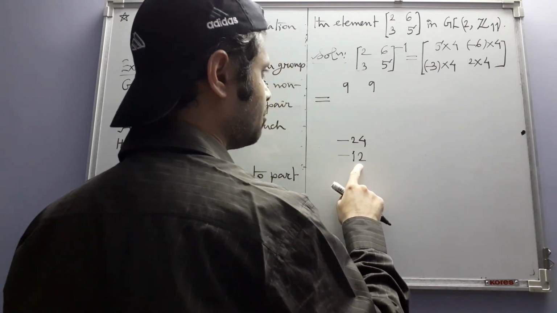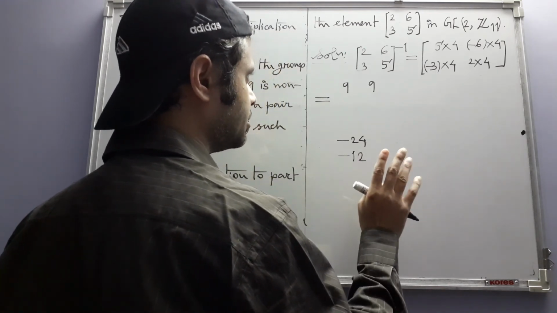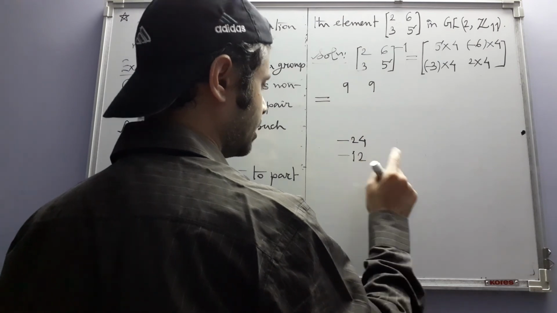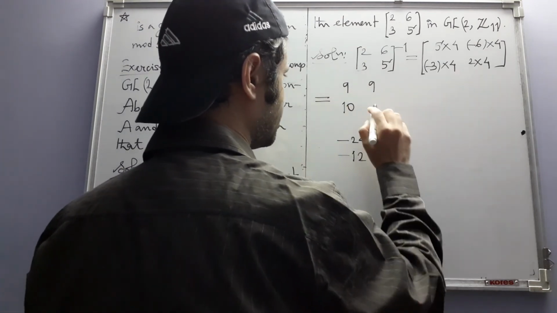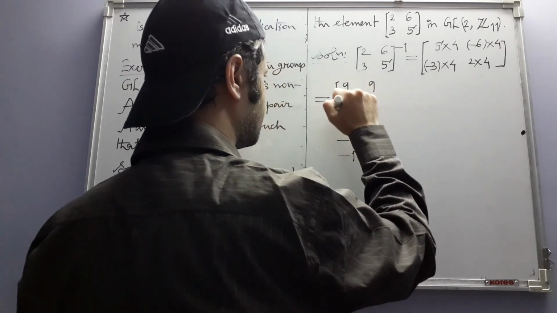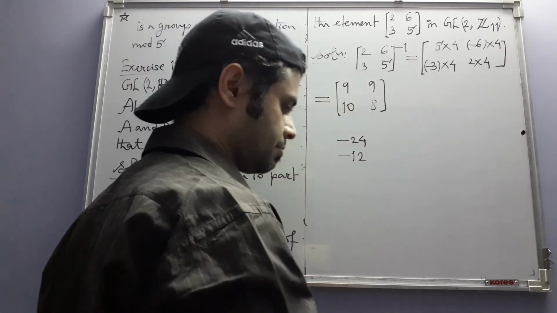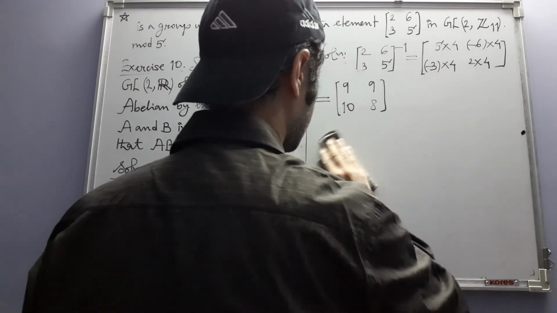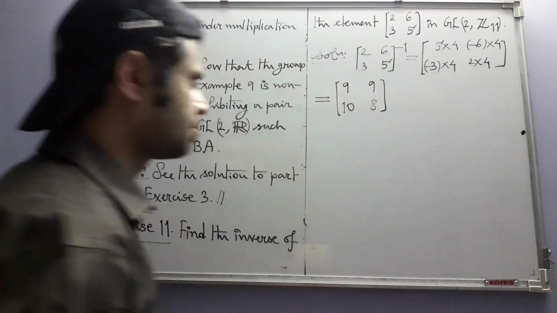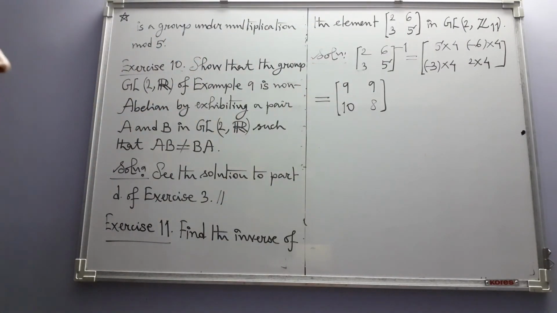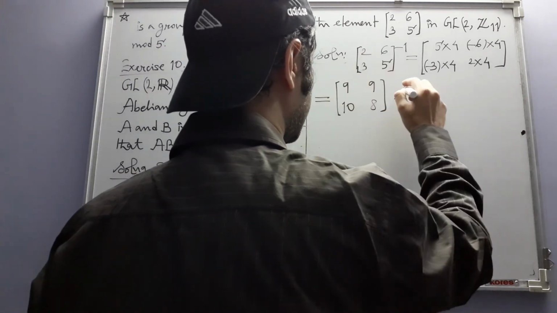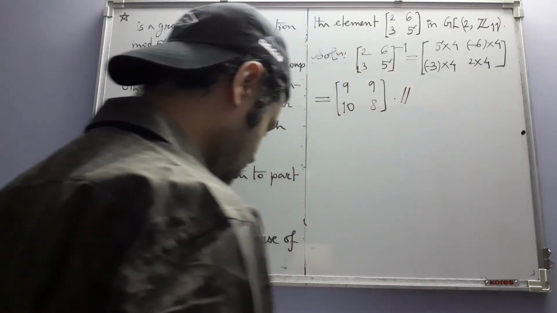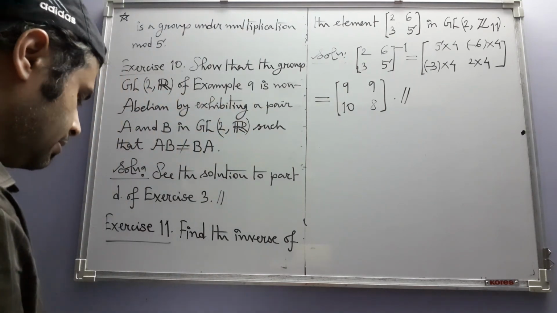From minus 12, minus 11 will vanish. We will have minus 1. 11 minus 1 is 10. And this one is simply 8. So this is the inverse: 9, 9, 10, 8.